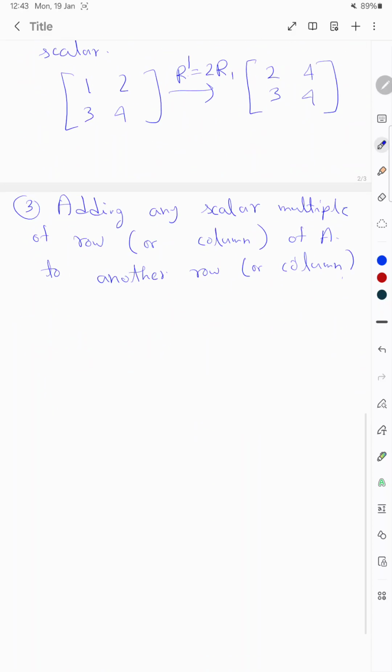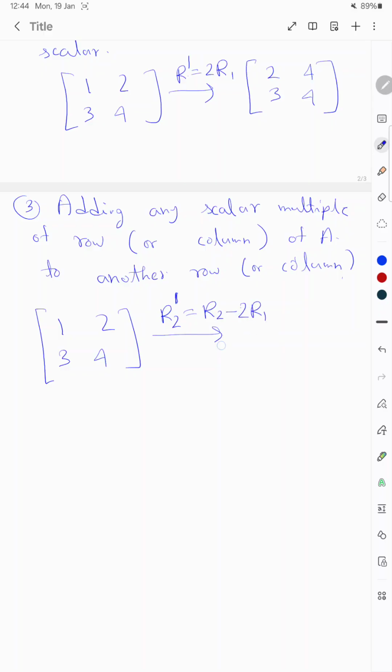Okay, so how does this type look? For example, suppose you have 1 2 3 4 and you are doing the operation r2 dash. r2 dash means that whatever you have with the dash, that row will be changed. Suppose r2 dash will be r2 minus 2r1.